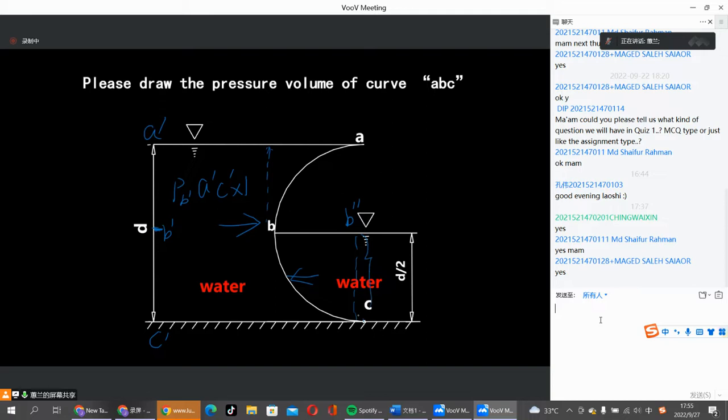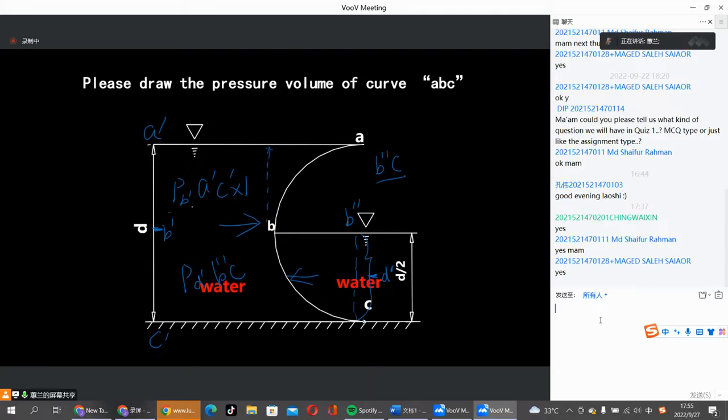This will be its vertical projection area, B''C, and its centroid we call D', okay. So the horizontal force by the right water will equal P at D' times the area B''C.